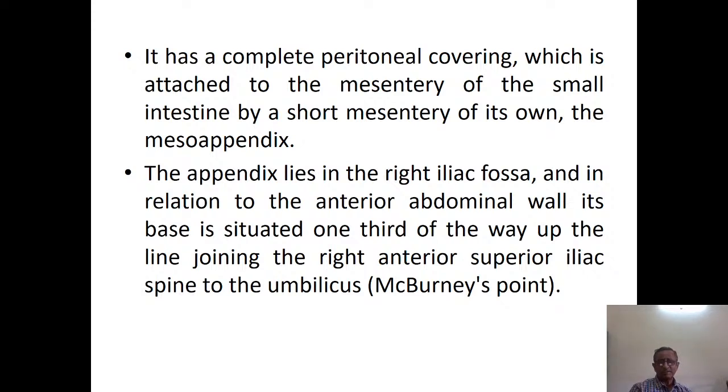The appendix lies in the right iliac fossa and is related to the anterior abdominal wall. Its base is situated one-third of the way along the line joining the right anterior superior iliac spine and the umbilicus, McBurney's point. So McBurney's point is on a line between the anterior superior spine and the umbilicus, at the junction of the medial two-thirds and lateral one-third.